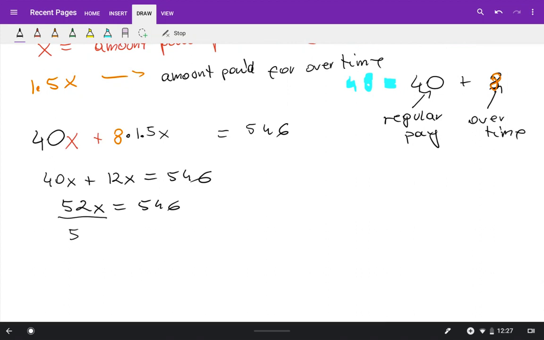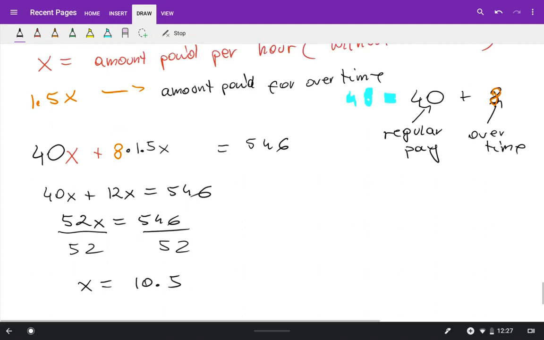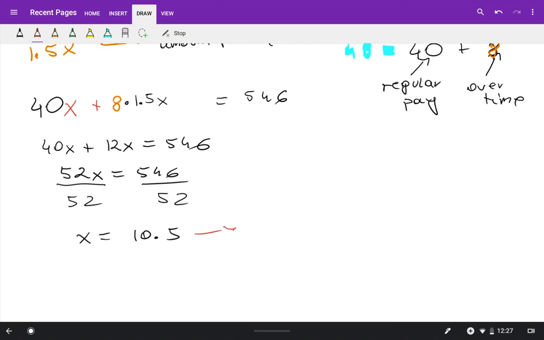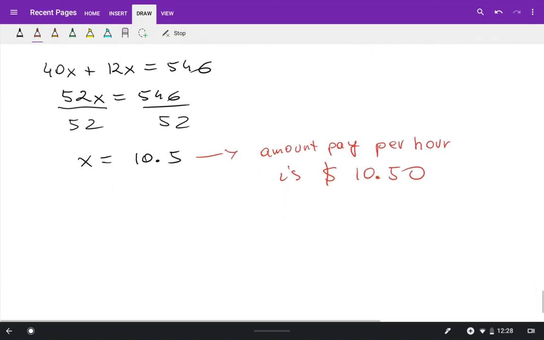Divide both sides by 52, and we end up with x equals 10.5, which means the amount paid per hour is $10.50. So how much is she going to get paid for overtime?